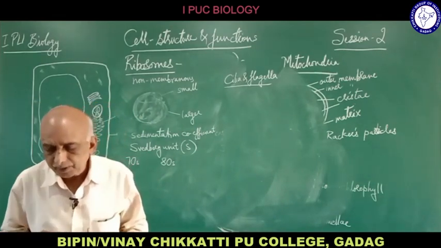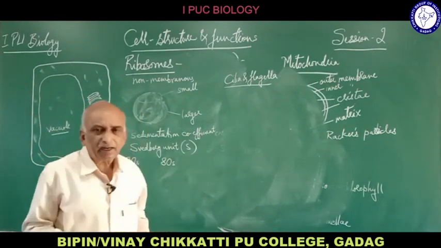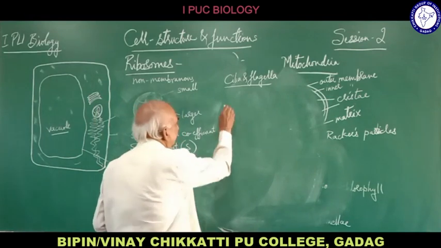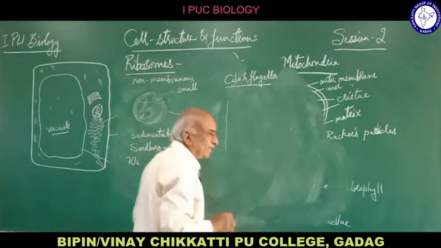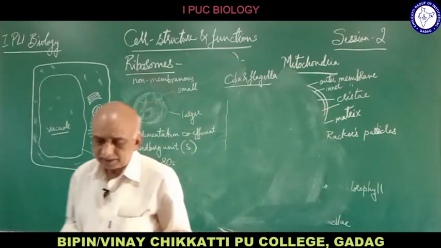These flagella or cilia have a structure called the axoneme. Suppose this is the cilium or the flagellum. It has an axoneme, a structure inside.